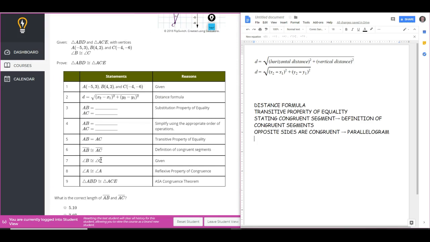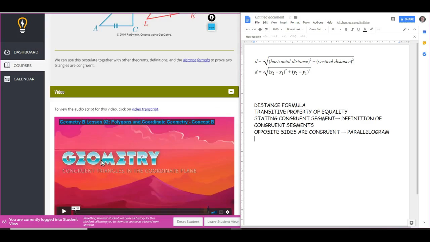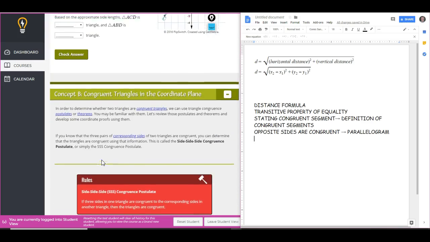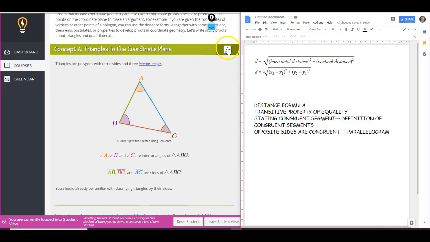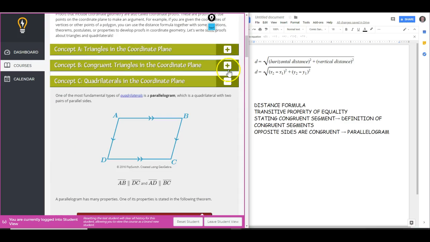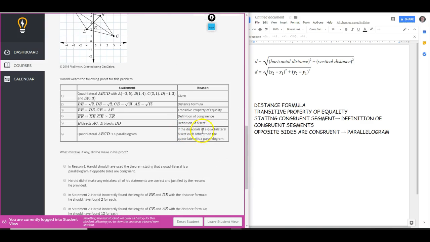So it's still not right there. If we keep looking, I'm not seeing it so far. Checking, there's our distance formula, and we're back into triangles. So I did not see anything stating that if the diagonals of a quadrilateral bisect each other, then the quadrilateral is a parallelogram.